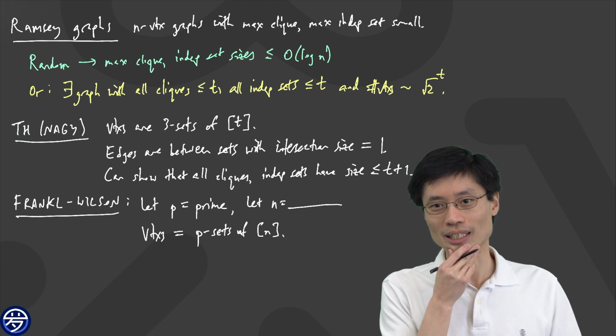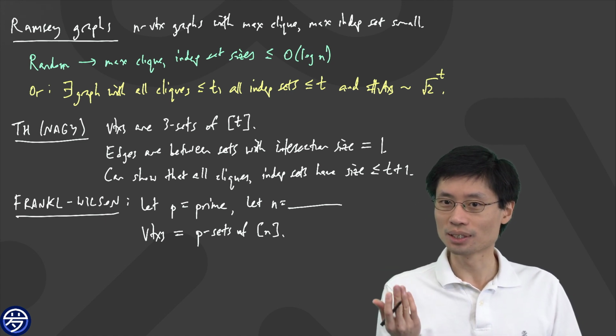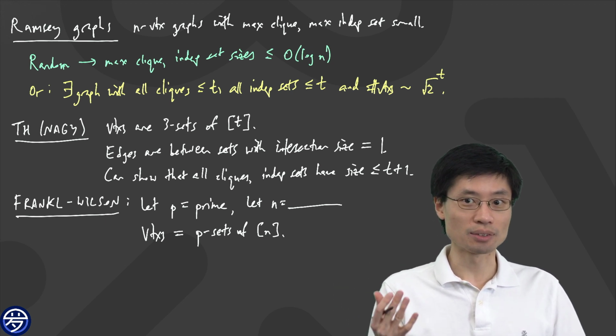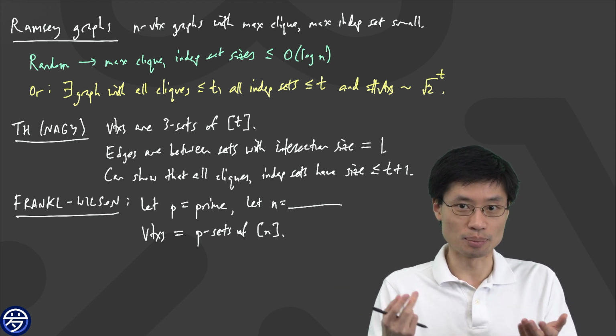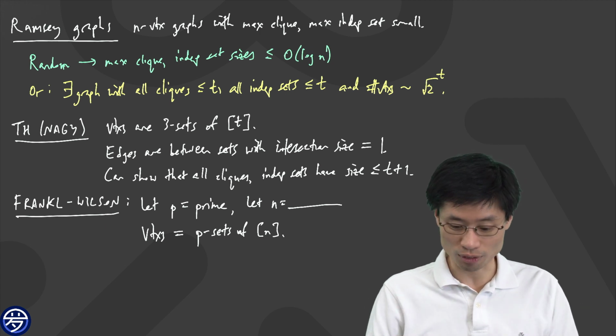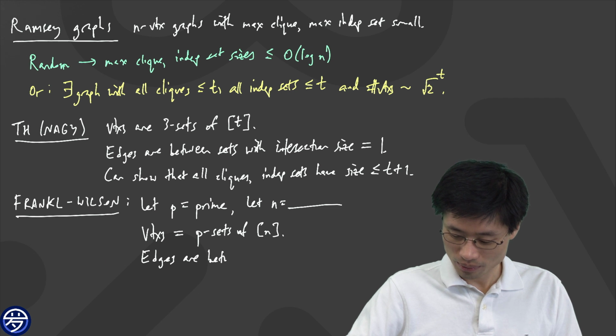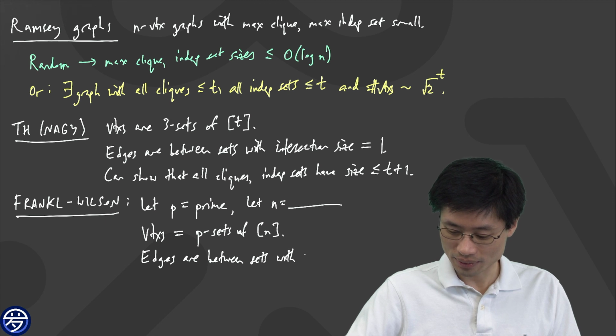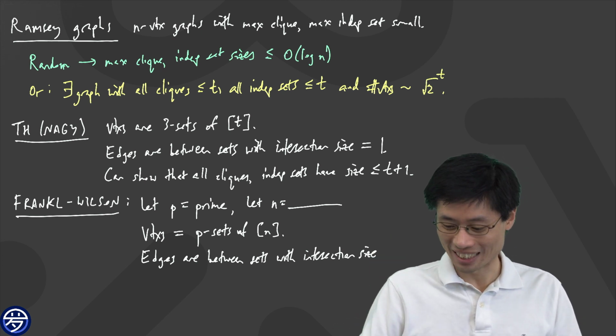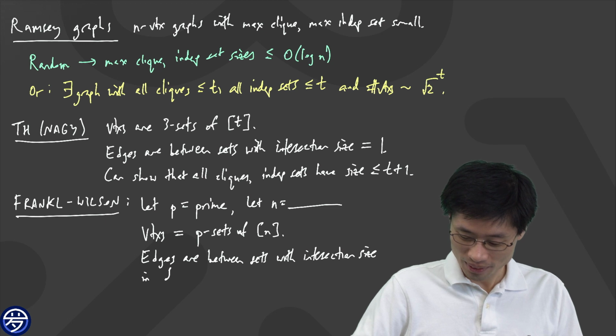But what I want is to know what kind of Frankl-Wilson theorem I could use. I'll say that somehow the edges are going to be between sets with an intersection size of a certain form. So we'll say this. The edges are between sets with intersection size, well, there's going to be some set.